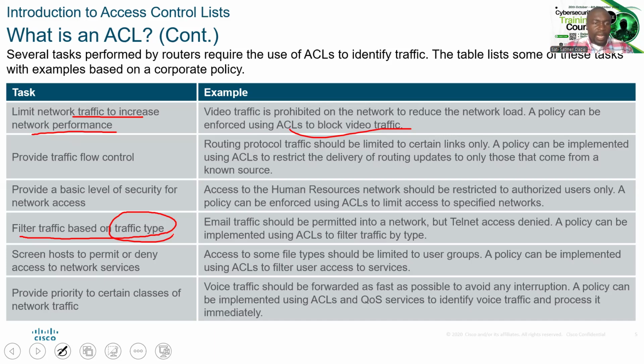Okay. Another one is to screen hosts to permit or deny access to network services. So access to some file types should be limited to a user group. A policy can be implemented using access lists to filter user access to services. Provide priority to certain classes of network traffic, what we call quality of service or QoS.